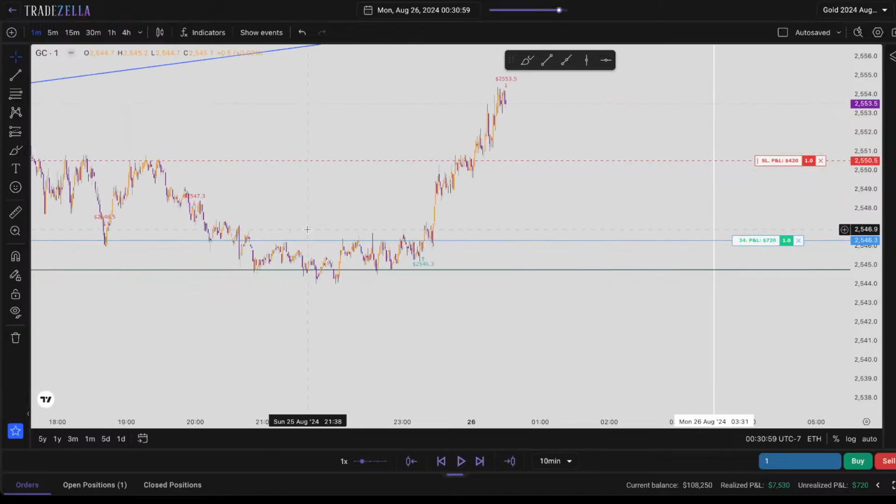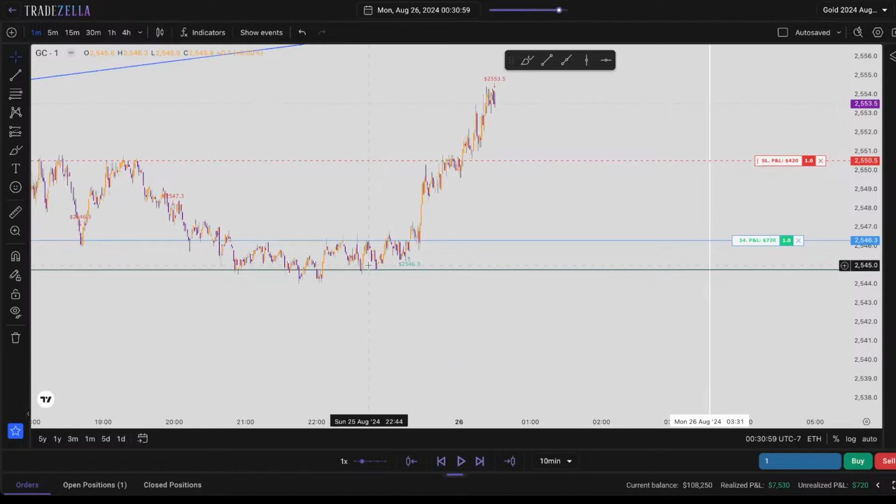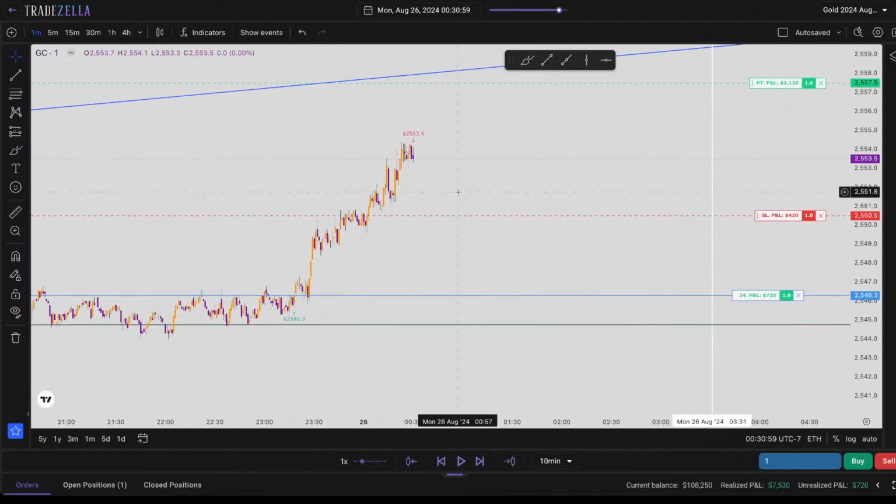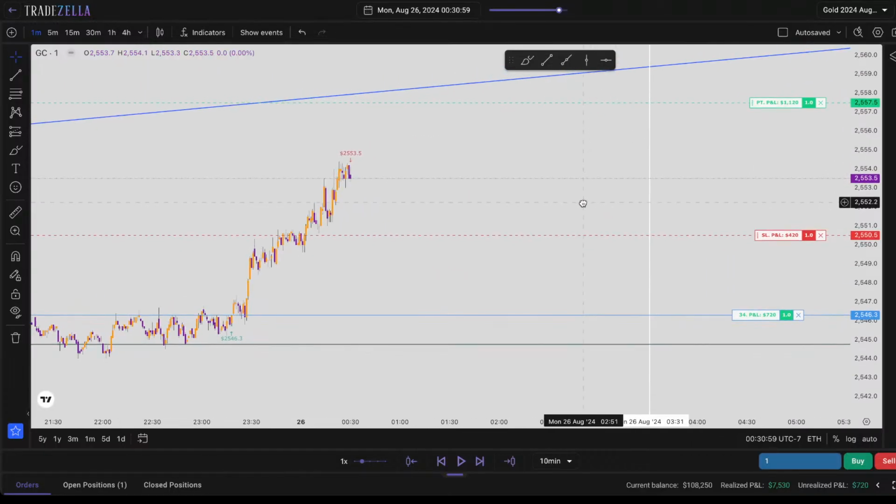Exited at a loss. Then we took this short. And then we got out here and got in to our new trade here. Boom. Okay, so we're going to this white line, 331.